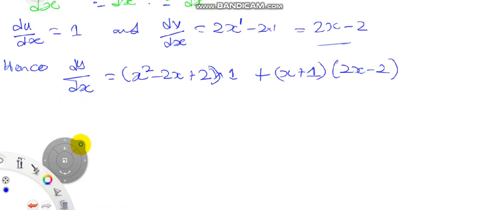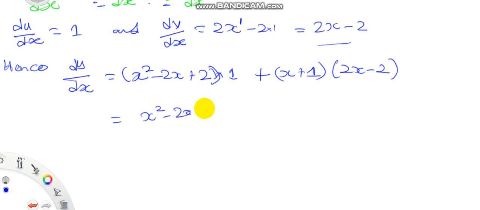Now we can simplify this further. The first expression multiplied by 1 is just x squared minus 2x plus 2. Plus, for this one we multiply out: when expanding the bracket, you multiply each term in the first bracket by each term in the second bracket. So x times 2x is 2x squared, because x times x is x squared.